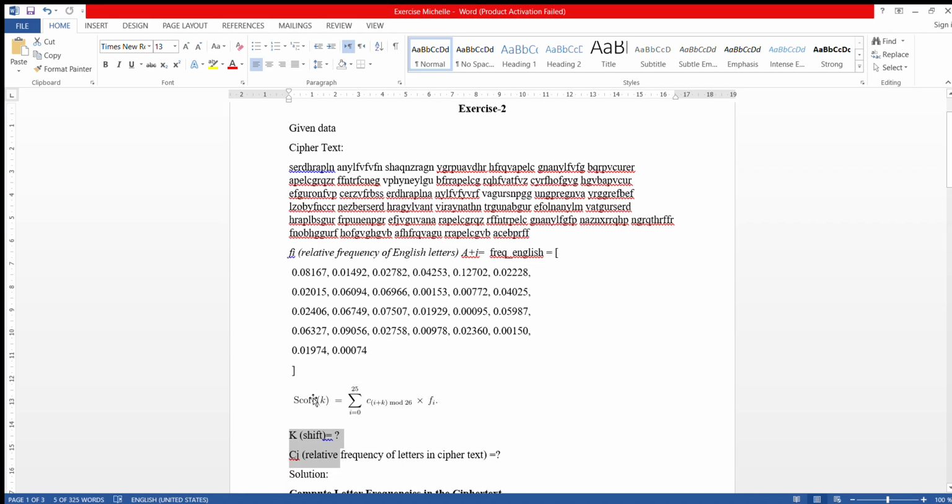After that, we calculate the score for k equal to 1, then for k equal to 2, 3, 4, 5, up to 25. Among all these 26 scores, we pick the one with the highest score value, and that will be our shift value, which we apply on the ciphertext to convert it into plain text.